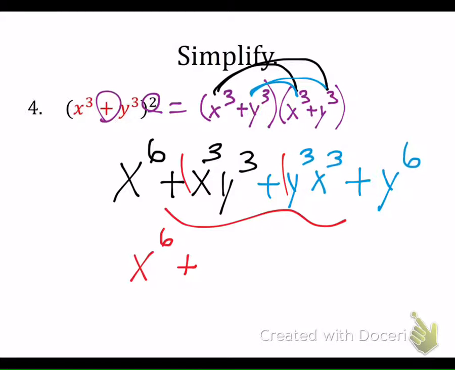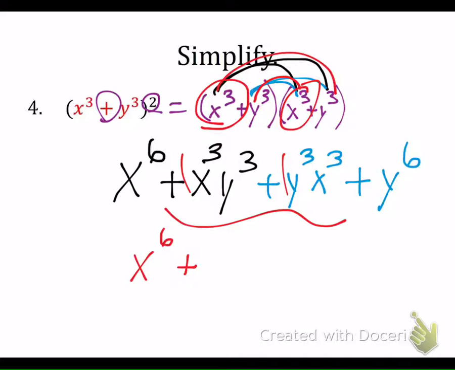Well, I have one here and one here, so that's... I got x to the 6 because I multiplied this and this. X to the third times x to the third is x to the 6th. Now, those middle terms I got from x to the third times y to the third, and y to the third times x to the third.